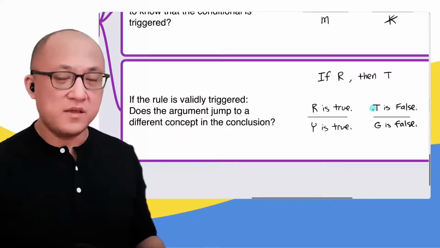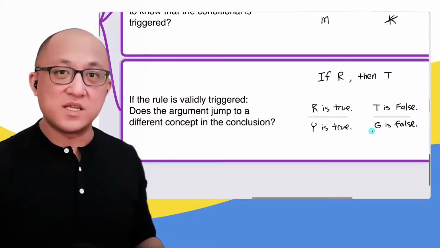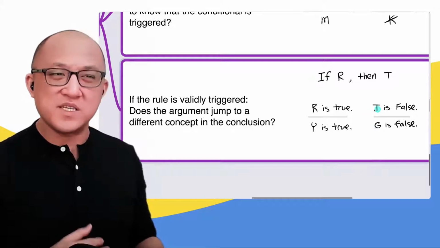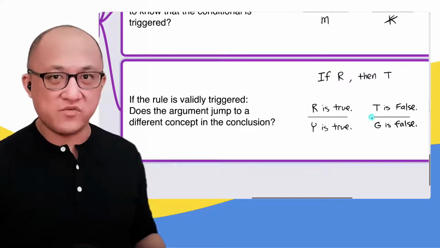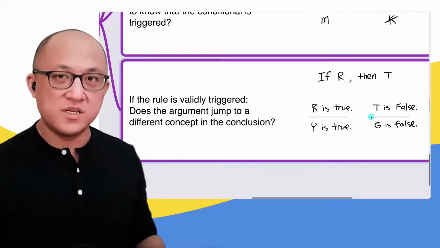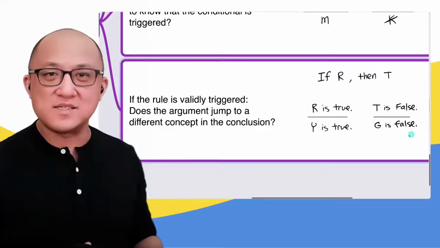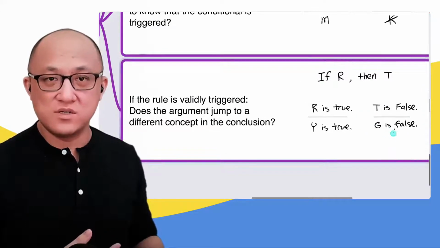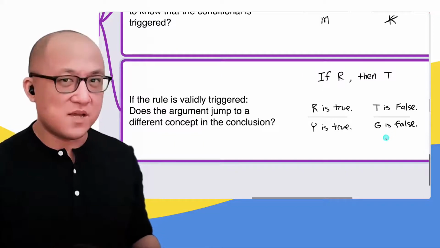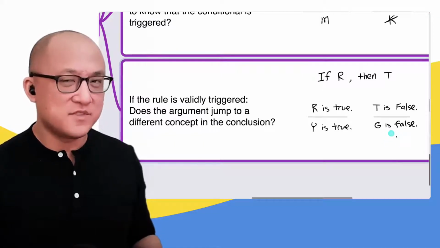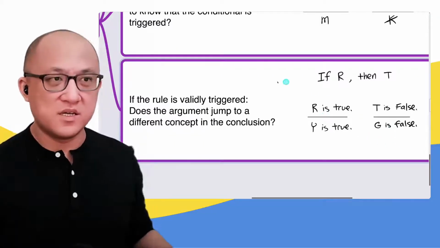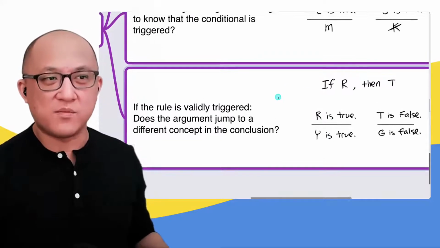Is that what they tell me? No, they tell me that G is false. So they must be thinking that R being false, which is the appropriate conclusion, somehow means the same thing as or leads to G being false.